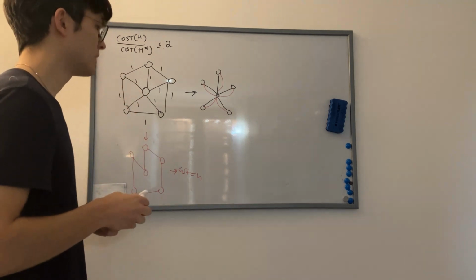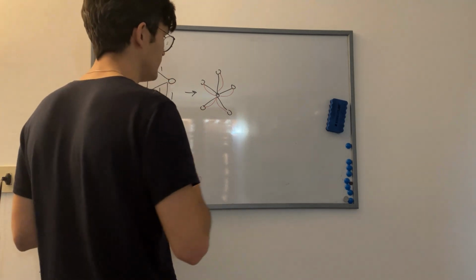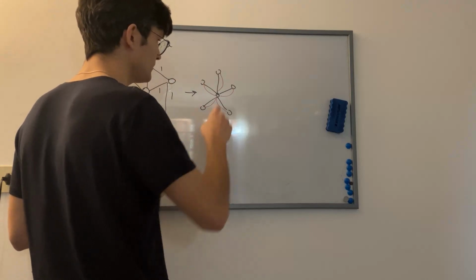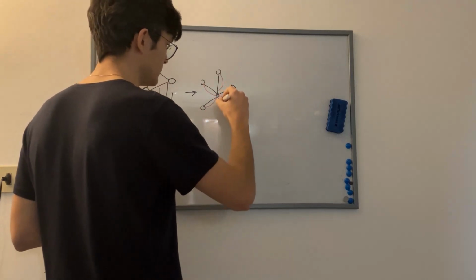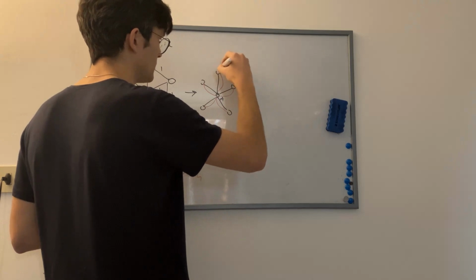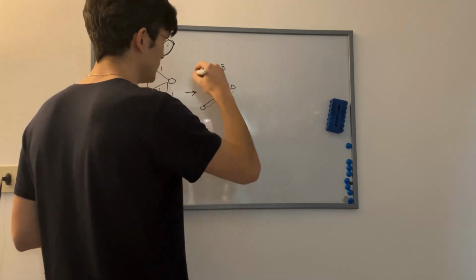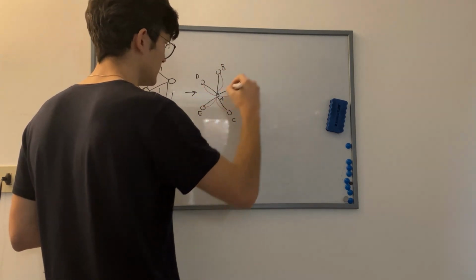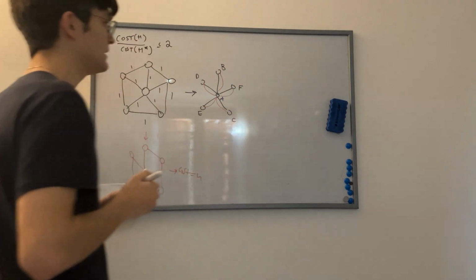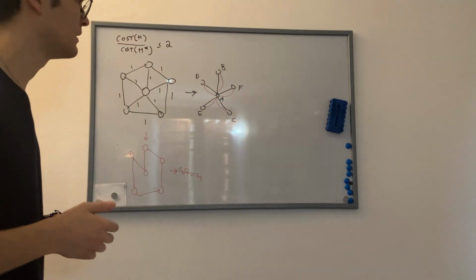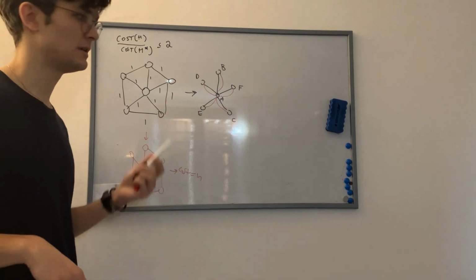So the Eulerian tour, let's say that we are visiting this node first. Let's call this node A, then we want to go to B, then we go to C, then to D, then to E, then to F. Let's say that our Eulerian tour visits these nodes in this order.